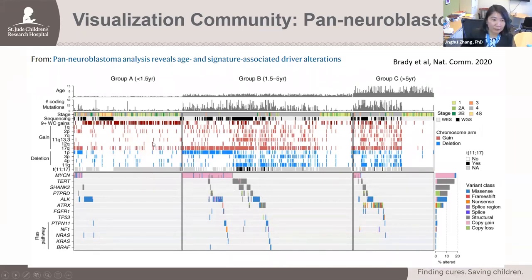This visualization is actually interactive, and can be explored in our visualization community as a dynamic graph. So if people here are interested in neuroblastoma, I highly recommend you check it out on St. Jude Cloud.